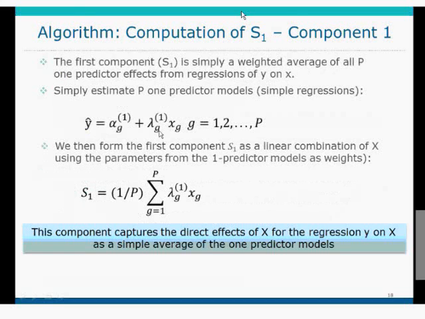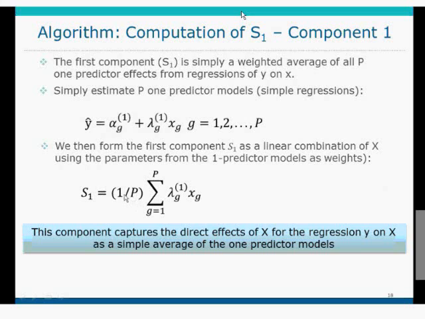Okay, so how do we get the loadings in CCR? Let's look at the first component. How do we get those, what I call direct effects? We take the dependent variable and regress it on each predictor one at a time. We take the simple regression coefficient that we get, and that's lambda G1.